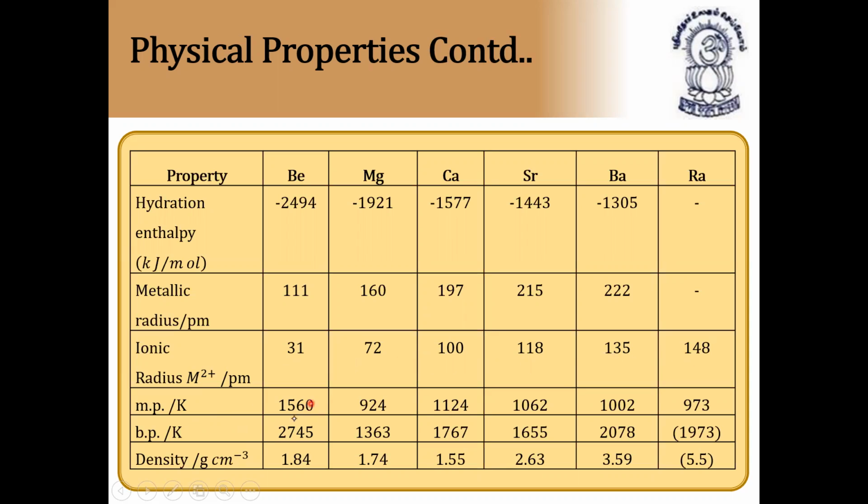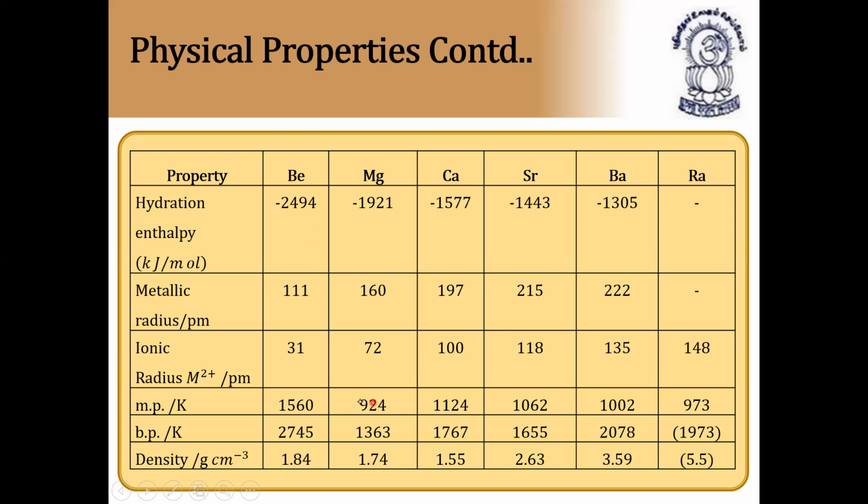Melting point also increases down the group, exception for radium because it is radioactive. So 1516, 924, 1124, 1062, and 1002. So the melting point of magnesium and strontium. Magnesium is less.